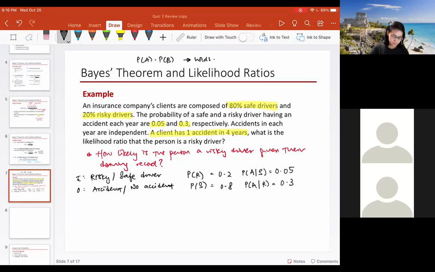Now, the way this question is framed, given that a client has one accident in 4 years, so LR of something given one accident in 1 year, 3 years without accidents, what is the likelihood ratio that the person is a risky driver, right? This is what we are looking for.